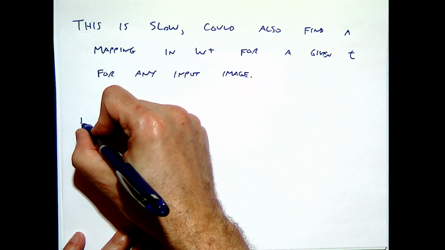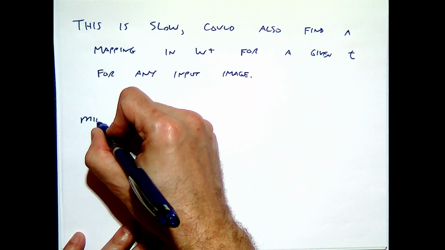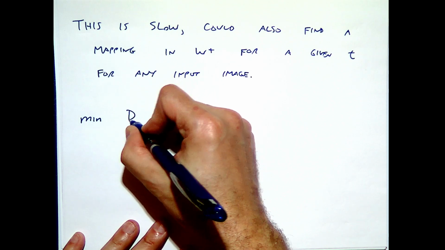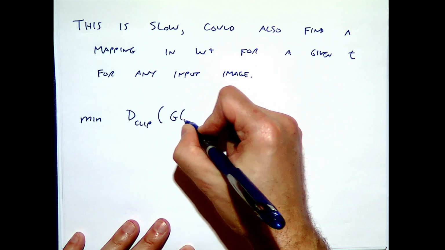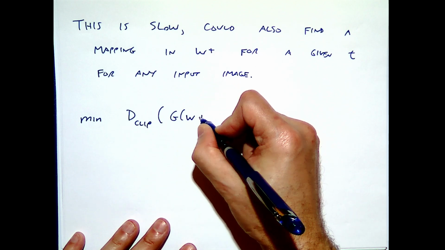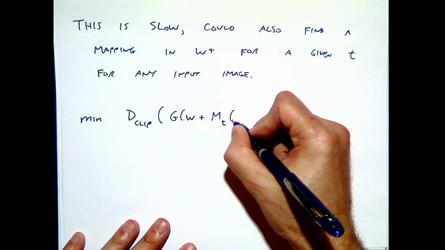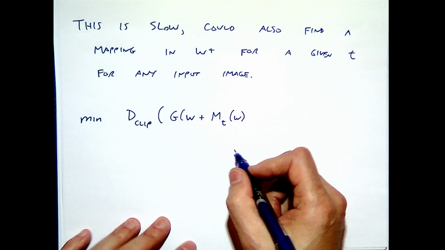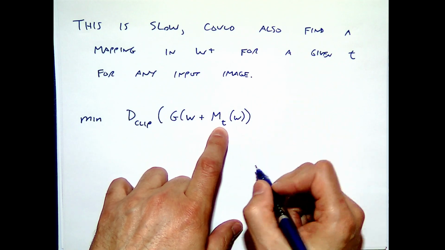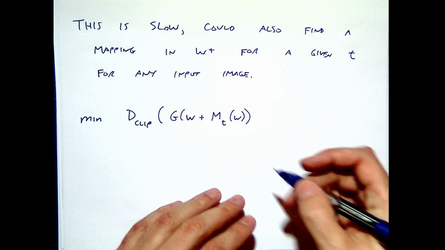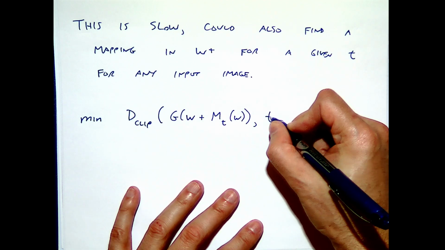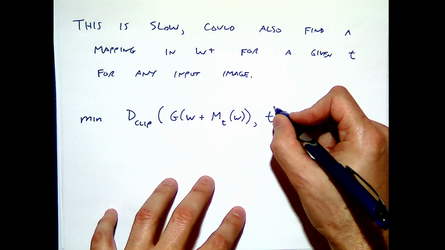Then what I would do is something like this. I would say I want to minimize the CLIP difference between the generated image, take the W plus M_t of W, where this here is some sort of trained neural network that tries to map t to a vector in latent space. And then I want to make this image match up with the text prompt.